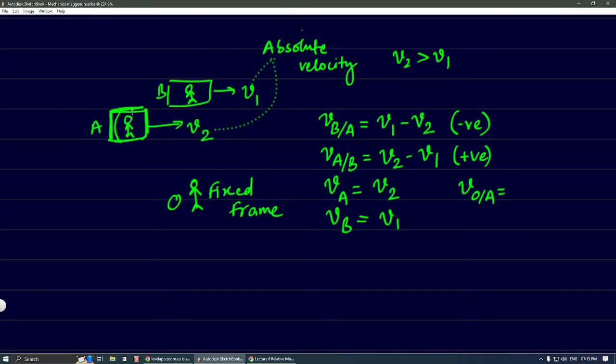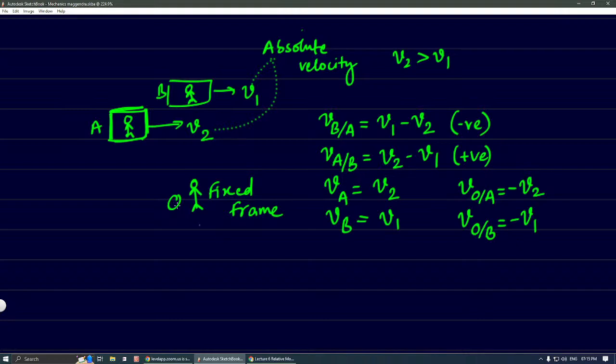But for a person who is sitting in A, this person appears to be moving backwards, no? That velocity will be equal to minus V2. Got it. So one last one: the velocity of O with respect to B. Negative V1.